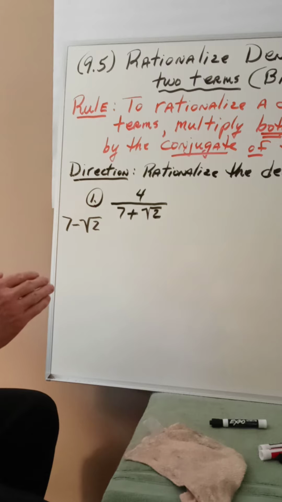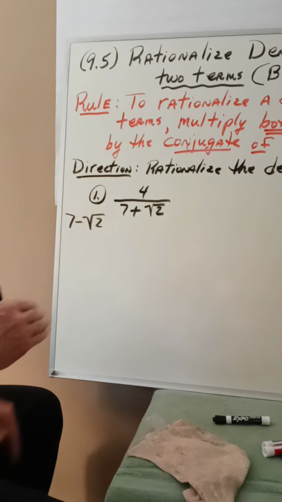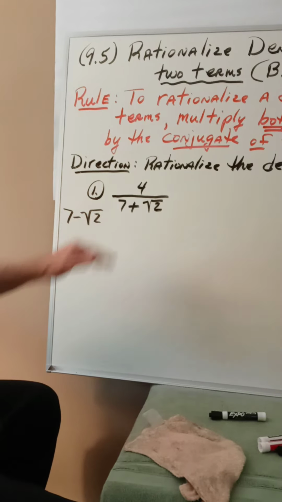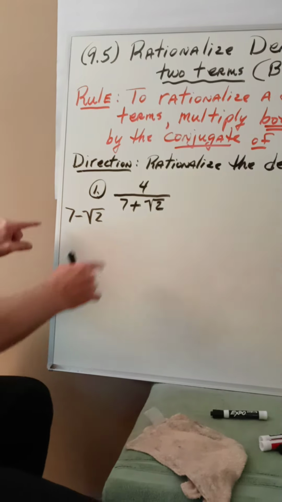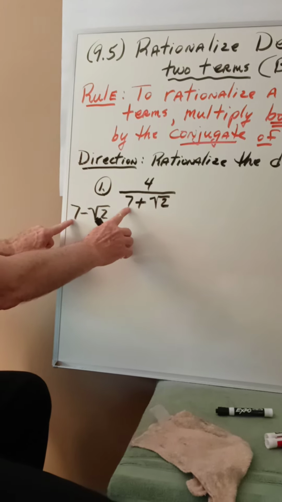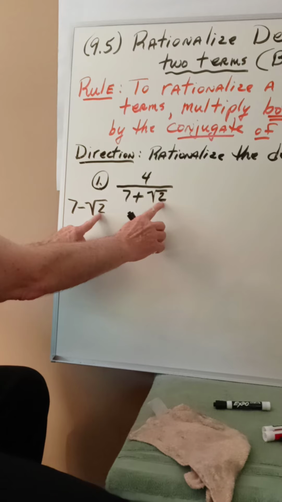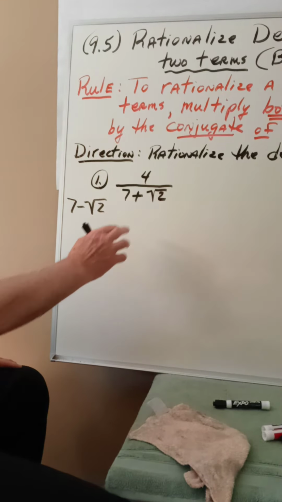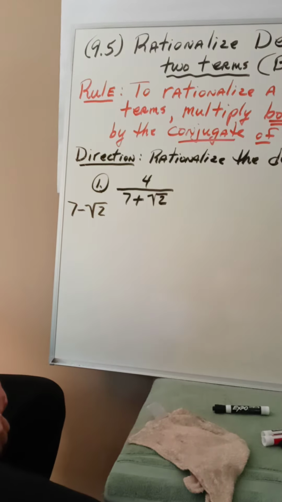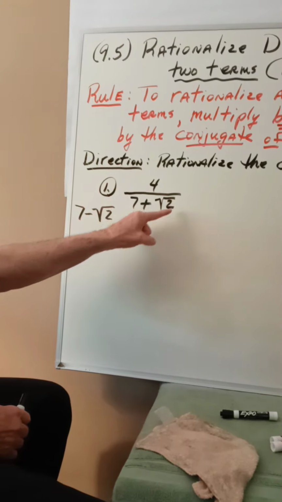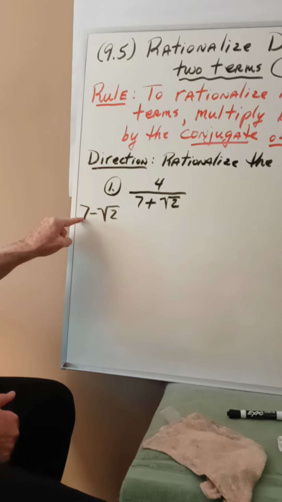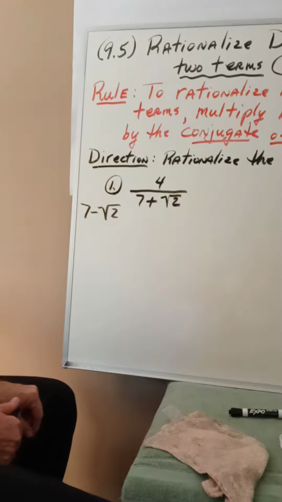Because conjugates are two binomials that only differ in the signs between the terms. You see, these two binomials both begin with a 7, and they both end with a radical of 2. The difference is one is plus, and the other one is minus. So the conjugate of 7 plus root 2 is 7 minus root 2.